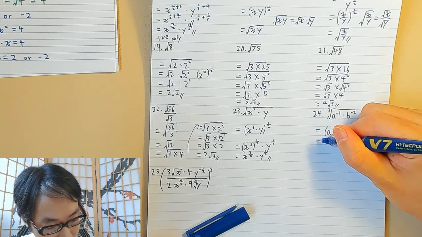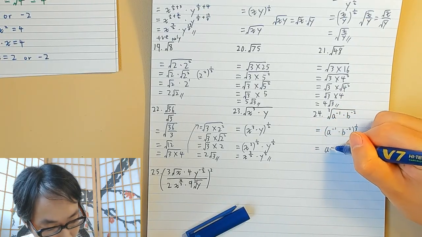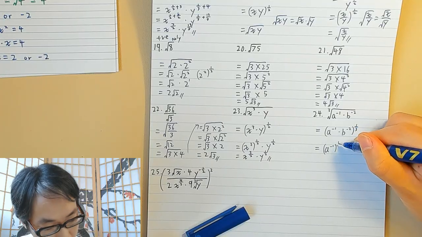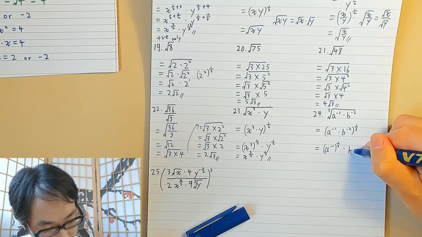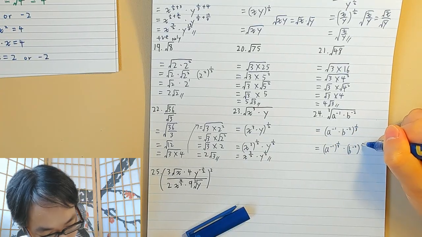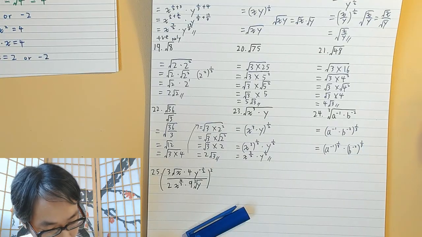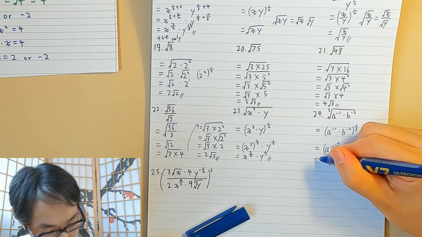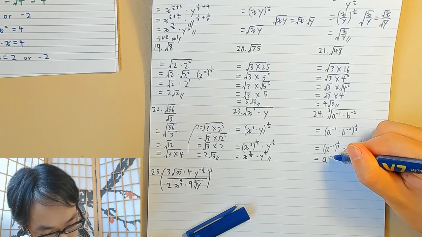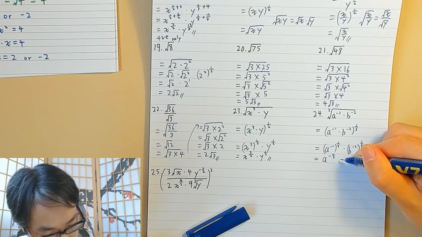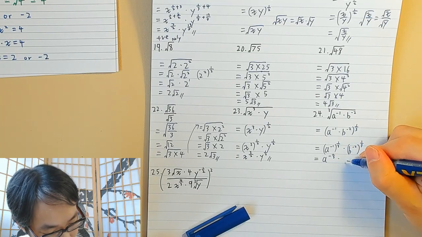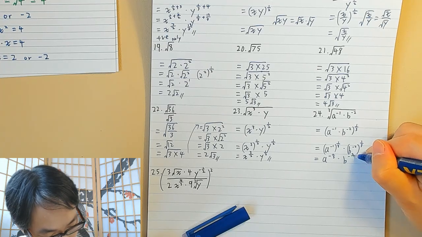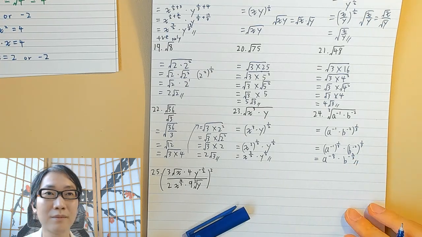So this is equal to a to the power of -1 to the power of 1 over 3 times b to the power of -2 times the power of 1 over 3. Okay. And this will be a to the power of -1 over 3 times b to the power of -2 over 3. Okay.